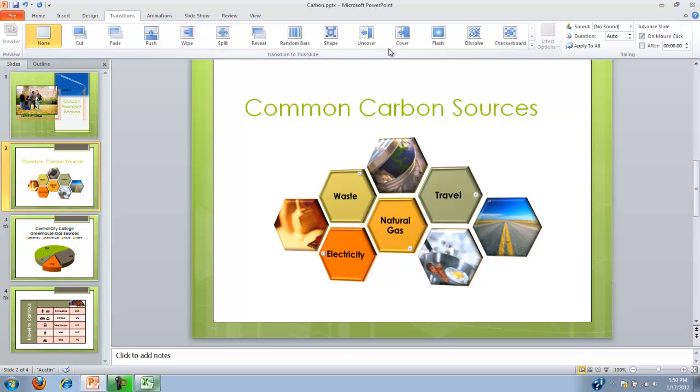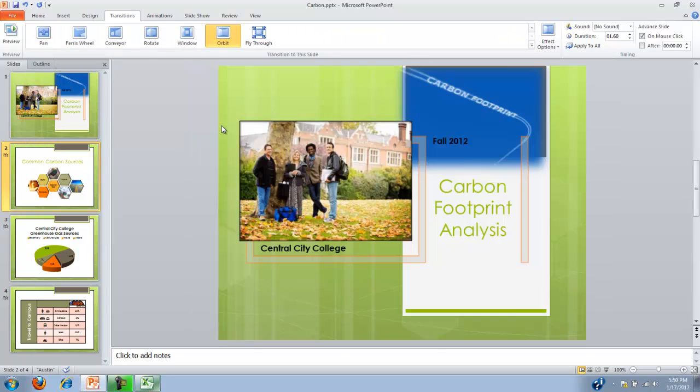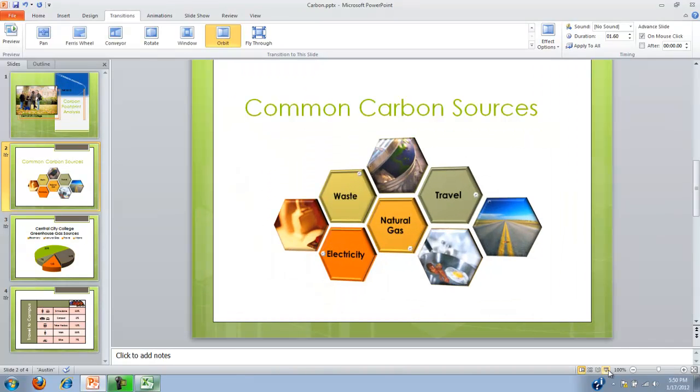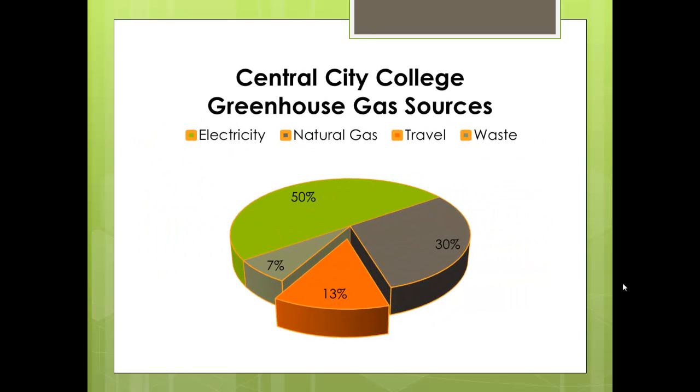Try it again. Transition, orbit, change the duration to be 3.0. Now let's try it. Kind of orbits or rotates around.